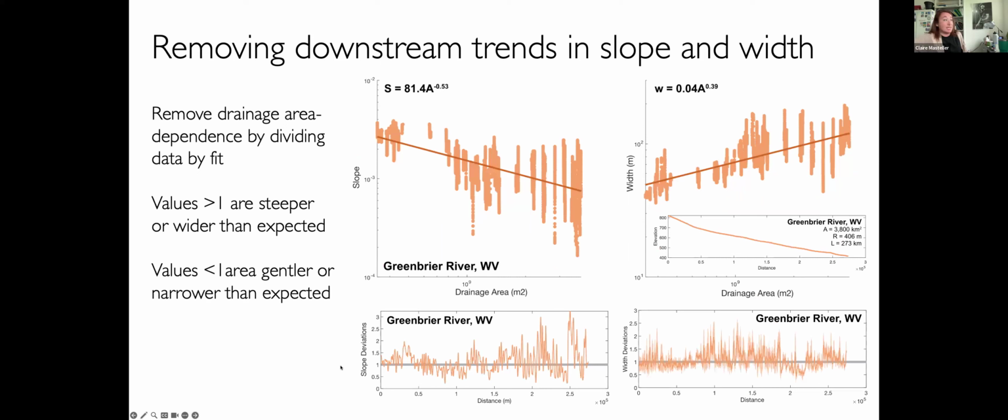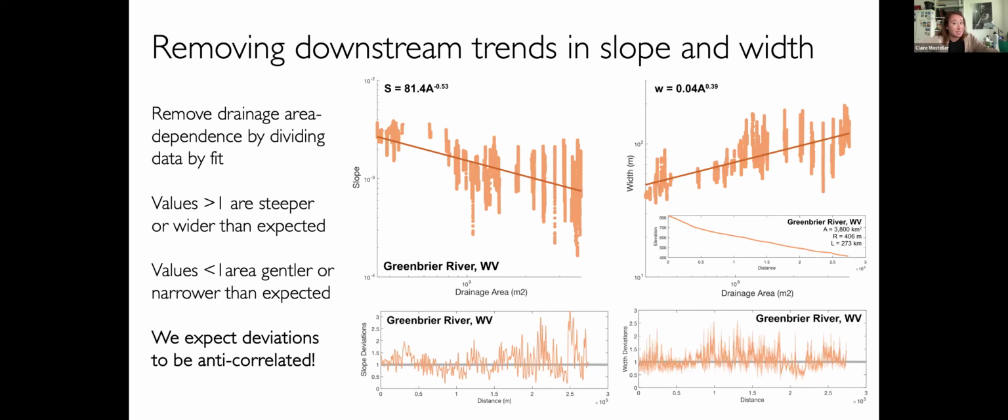That's what I'm plotting down here. Again, values greater than 1 are either steeper than we expect or wider than we expect. Values less than 1 will be gentler than we expect or narrower than we expect. And as a reminder, we're expecting that our deviations in slope and width should be anti-correlated.